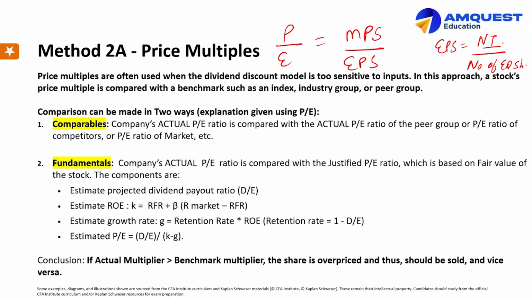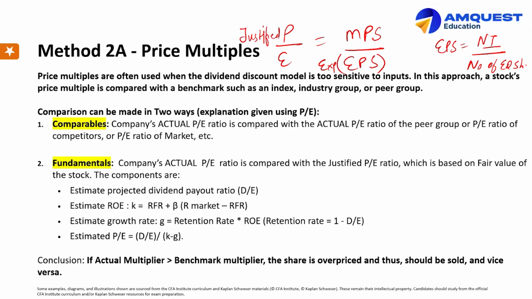Net income, or profit available for equity shareholders, divided by number of equity shares. This is the formula. Now, if I am taking historical data for EPS, say EPS of last year, it is called the PE ratio. If I am taking the expected EPS, that means EPS as per my calculation of the future, this is called the justified PE.